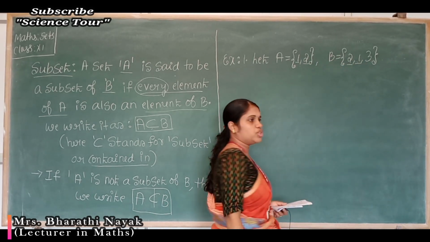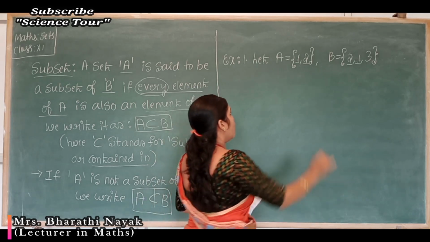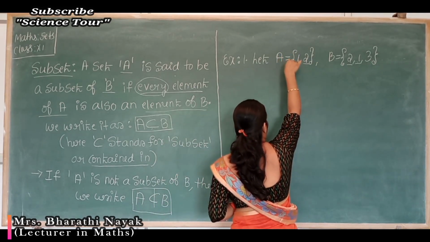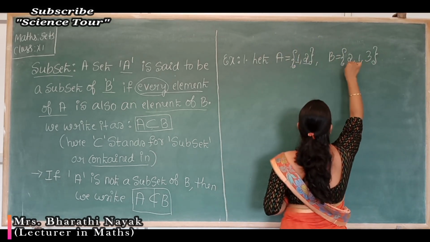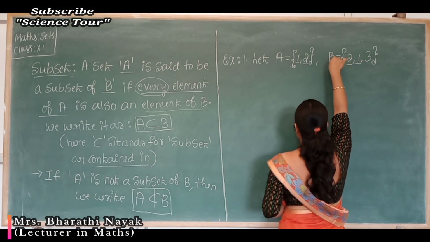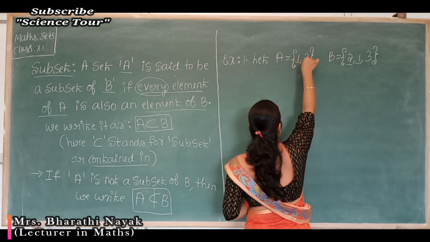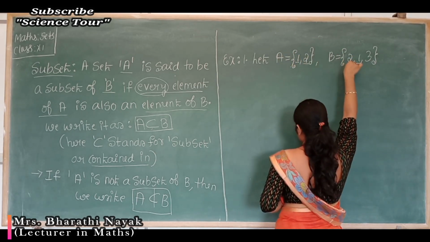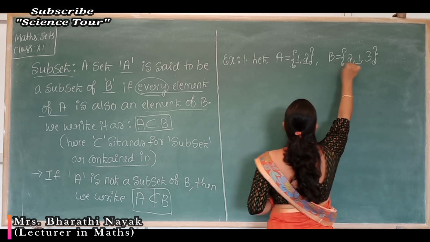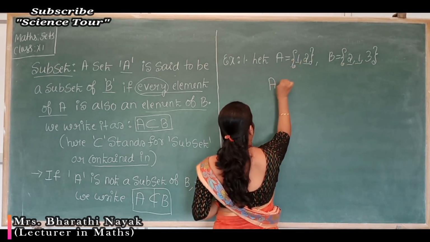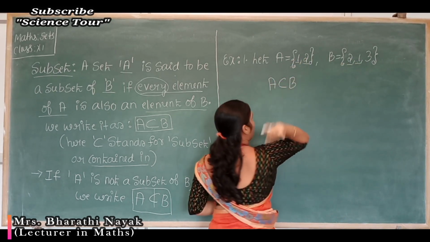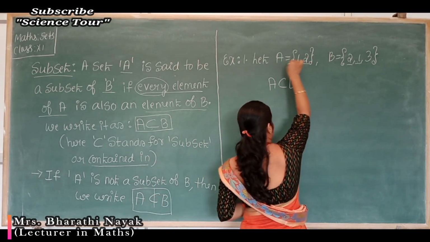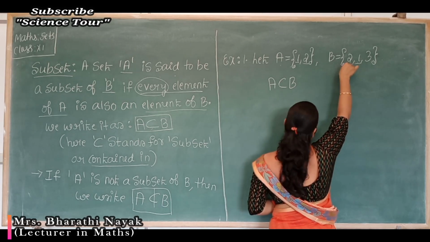So you can observe that all the elements of set A are also elements of set B, or you can say all the elements of set A are contained in set B. Therefore, can I say A is a subset of B? Yes, because all the elements of set A are contained in set B.